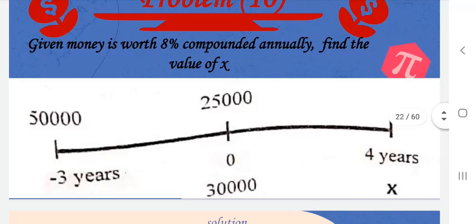The time for $25,000 and $30,000 equal 4 years, so N equal 4, and N for X equal 0 because the time equal 0. Note that the time here is the distance between the maturity date and focal date.